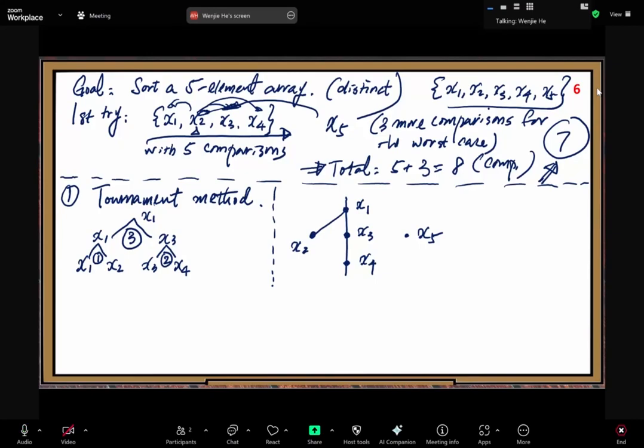Then, next question: how do you want to do your comparison number 4? That is very important. That's critical. Here, you need to find an efficient way to do your comparison number 4.